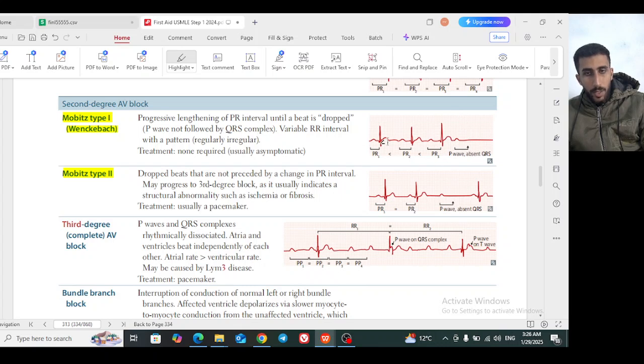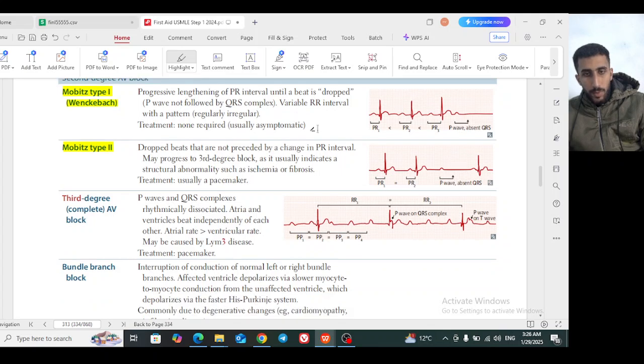So the PR interval keeps increasing until the P wave is not followed by a QRS. So this is Mobitz type 1 Wenckebach: a progressive lengthening of the PR interval until a beat is dropped, a P wave not followed by a QRS complex.